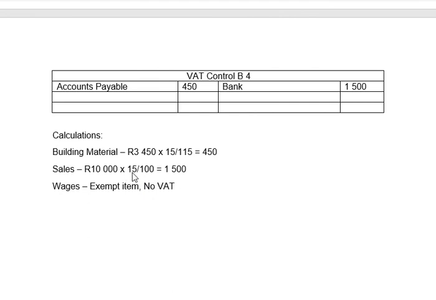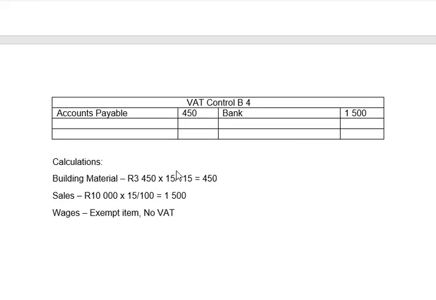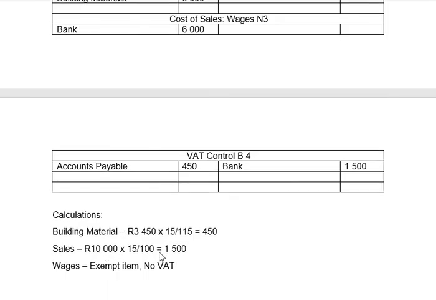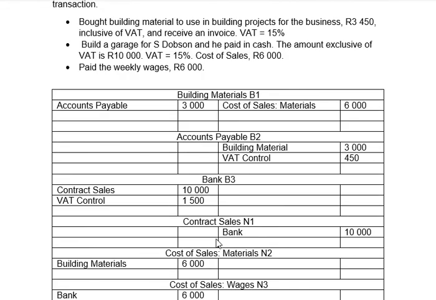So in this case, 15 over 100. So the VAT will be 1,500. The exclusive amount before VAT was 10,000. I still need to add VAT of 1,500 to that amount. So the inclusive figure will be 11,500.